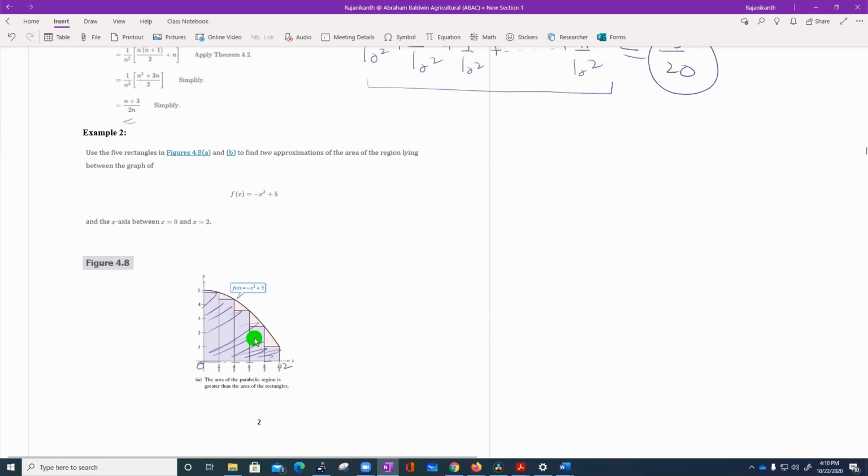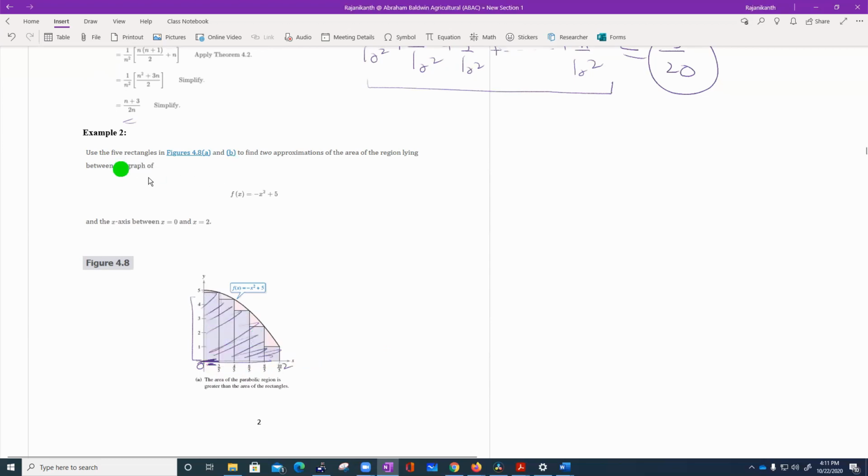So that means you have to find one by one the area of each rectangle, okay? The thing is, how are we going to find the area of the rectangle? Remember, to find the area of the rectangle, you should know the length and the height, right? So I need to know two things for each rectangle, okay? The length of the rectangle is nothing but the length of this interval, right?